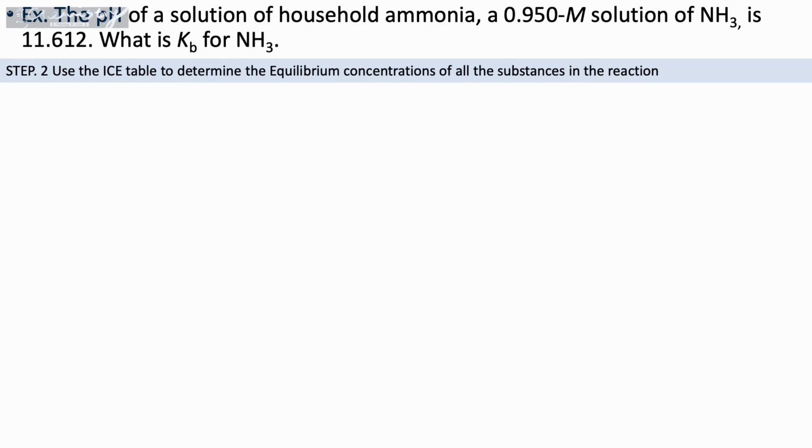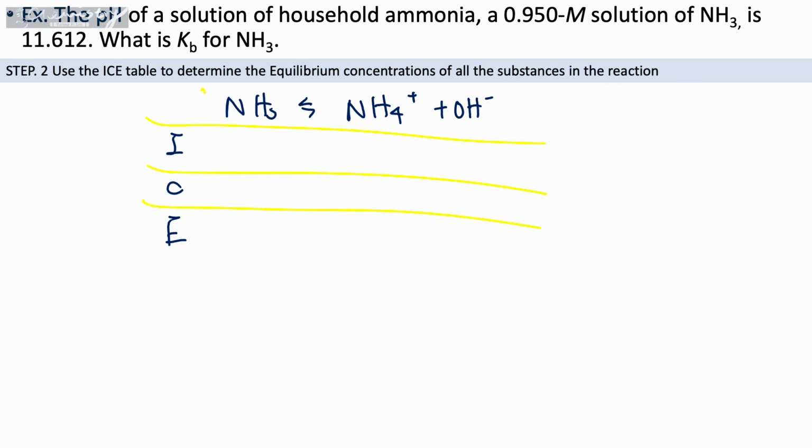Looking at the ICE table, we know that the reaction, as previously discussed, looks like this. And again, water is a substance on the left side, but we are going to omit that for the purpose of the ICE table. So for the initial concentration of ammonia, it is 0.950.